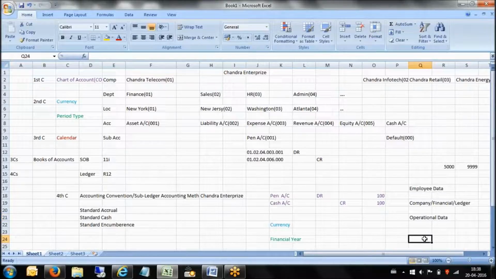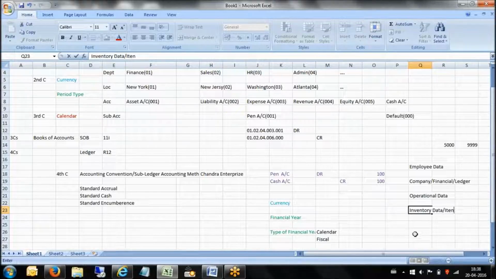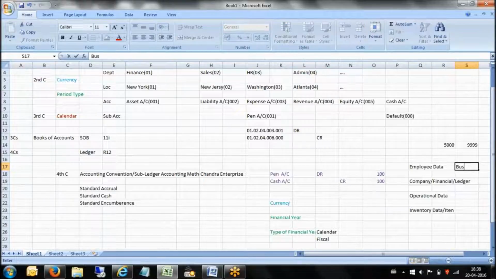I'll come to it in detail, what this operational data is. Then inventory data or item data. If you look at any organization, you will find this type of data in any company. To secure this data, we have something called business group.